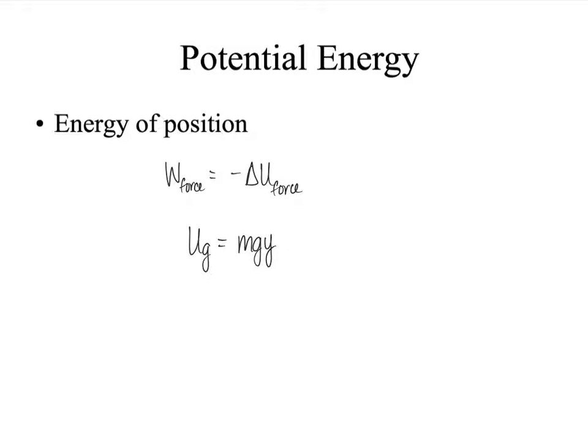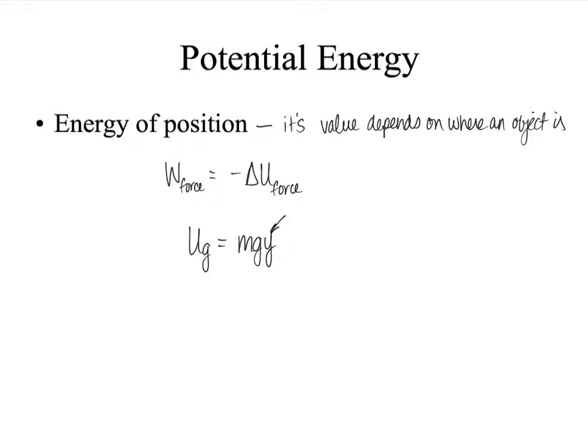And because of that, we say that potential energy is an energy of position, because its value depends on where an object is. And we see this right here with the potential energy due to gravity.